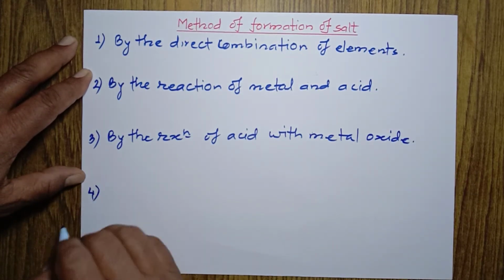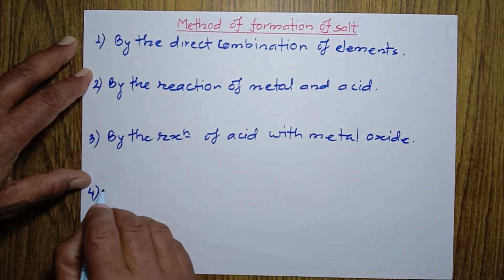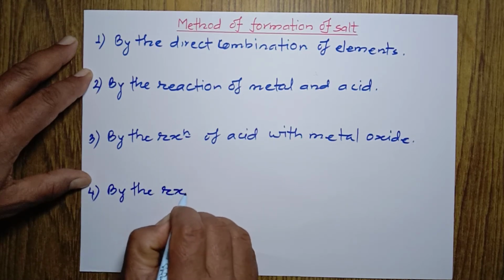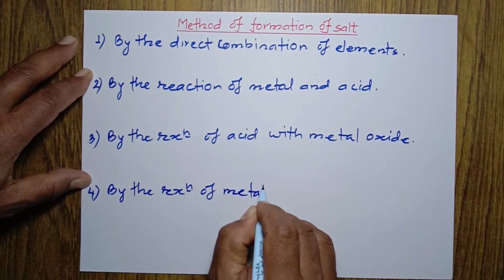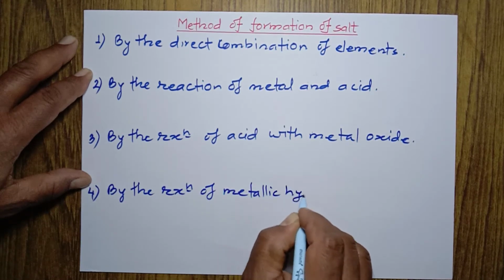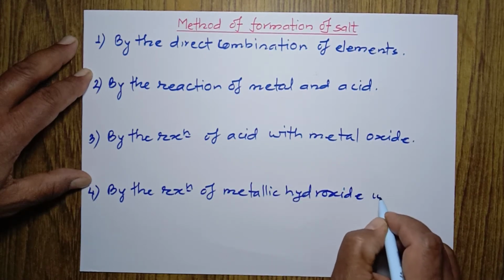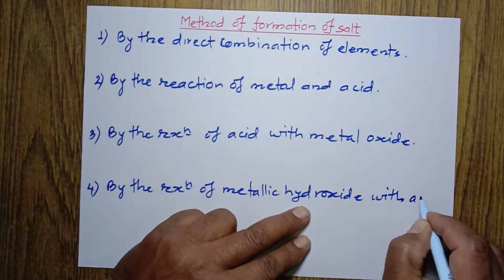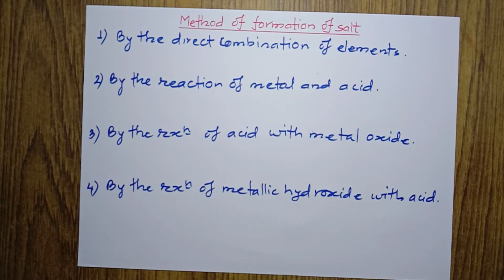We can see the fourth method of preparation of salt, that is by the reaction of metallic hydroxide with acid. Okay, these four can be recognized as the methods of formation of salt.